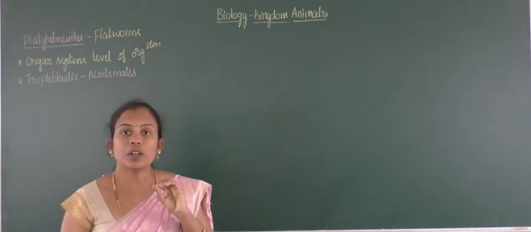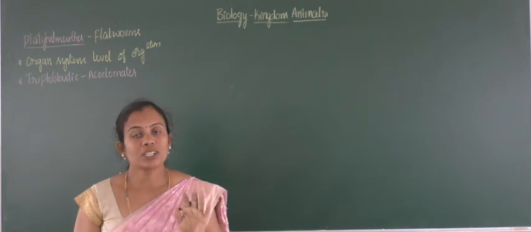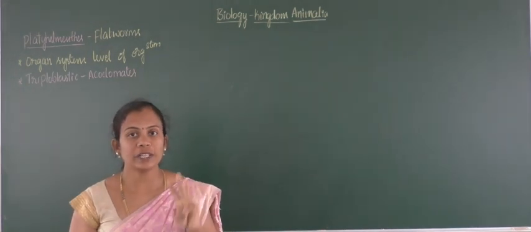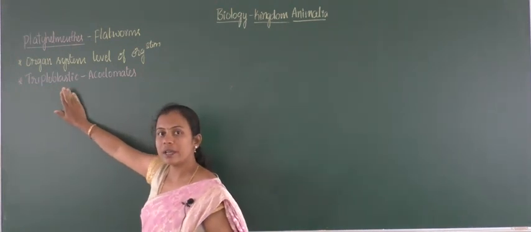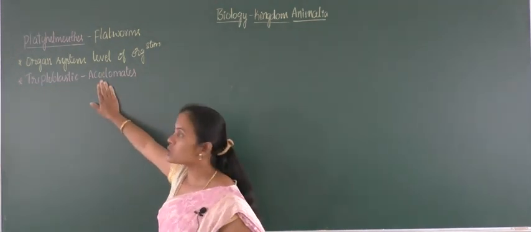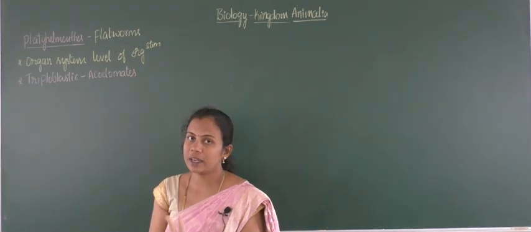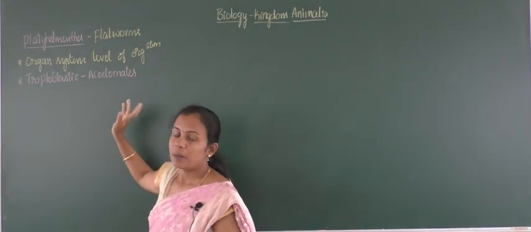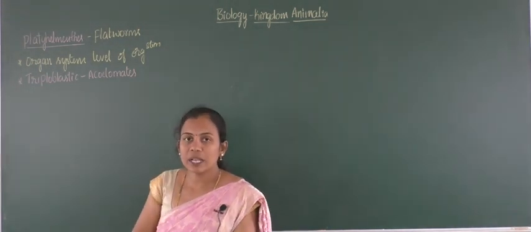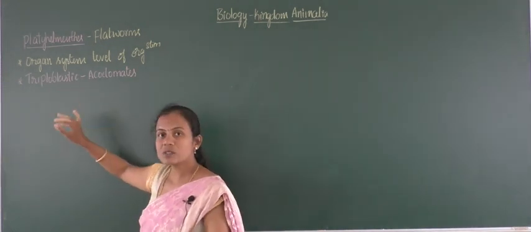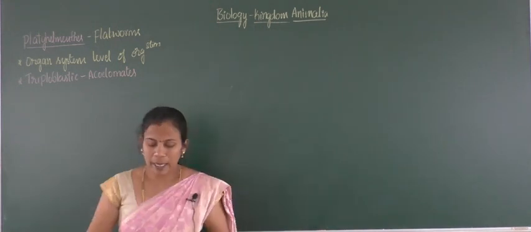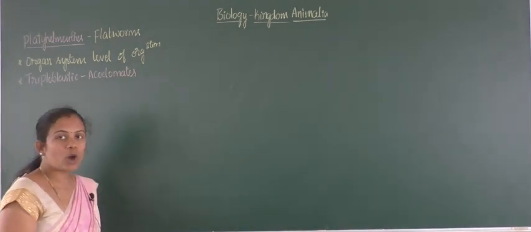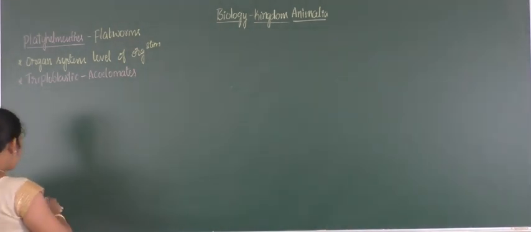But when it comes to triploblastic, the body wall formed by 3 germ layers should be there. Here I have written triploblastic, that is all the 3 germ layers are present. But when it comes to acoelomate, only 2 layers are there. So in this way I am representing. But the thing is, scientists believe that these organisms evolve with the presence of a very small layer of mesoderm.